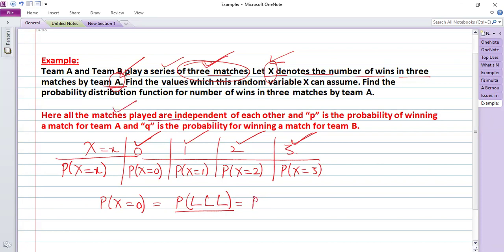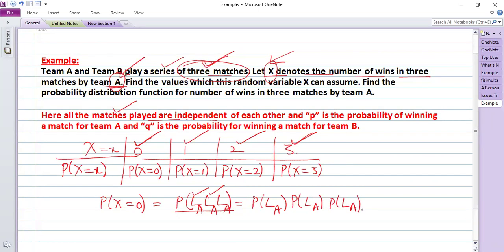So this is the probability of loss by Team A, LA, which means won by B.